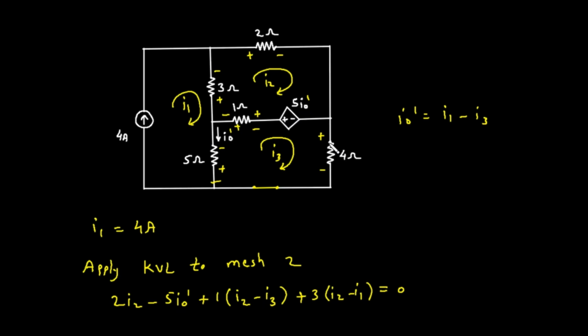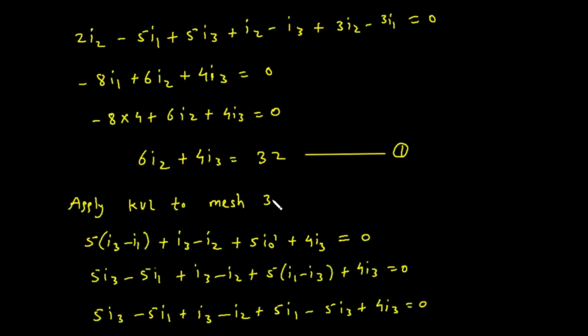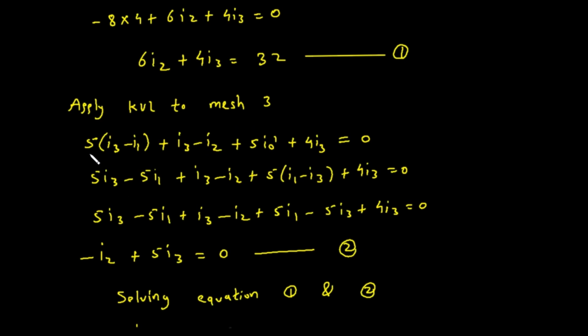The voltage across the 4 ohm resistor is 4 times I sub 3. The sum is 0. So the equation is 5 times I sub 3 minus I sub 1, plus 1 times I sub 3 minus I sub 2, plus 5 times I sub O prime, plus 4 times I sub 3 equals 0. Substitute I sub O prime with I sub 1 minus I sub 3.